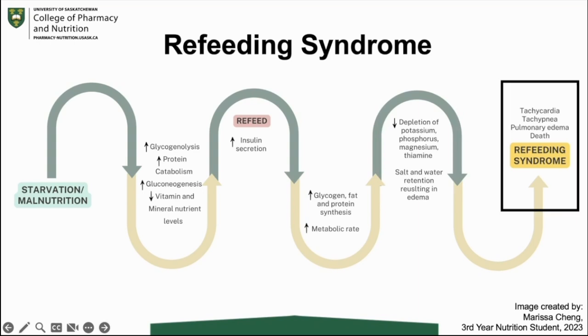The clinical features of refeeding syndrome occurring as a result of the functional deficits of these electrolytes, the rapid change in basal metabolic rate, and the dysregulation of fluid homeostasis include increased heart and respiratory rates, pulmonary edema, and in the case of an individual with extreme starvation who is rapidly refed without mitigation of risk of refeeding, even death can occur.